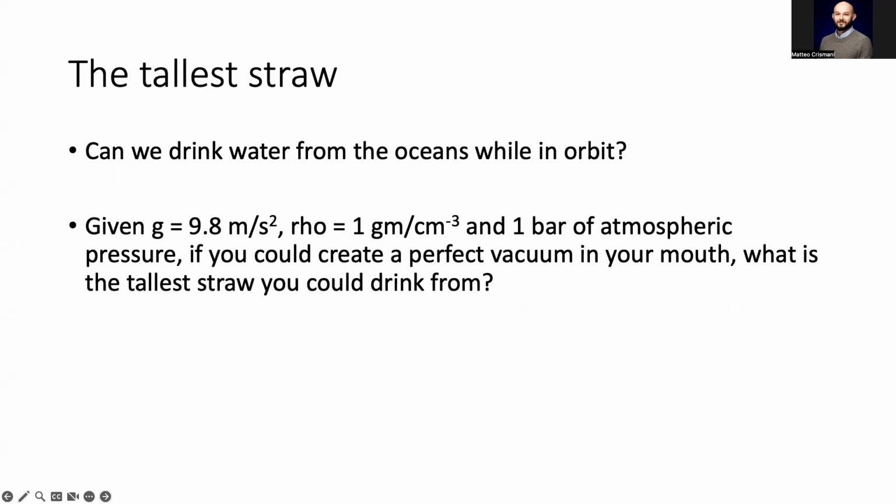So if you're deep in the ocean, would a straw not work at all? Interesting question. What happens at the very bottom of the ocean? Is the pressure higher or lower? Higher. So in fact, the straw works better at the bottom. Now, what if you've been living in the Himalayas?